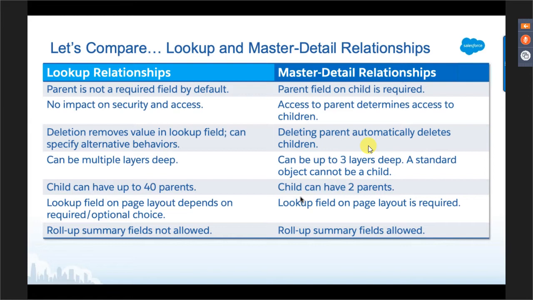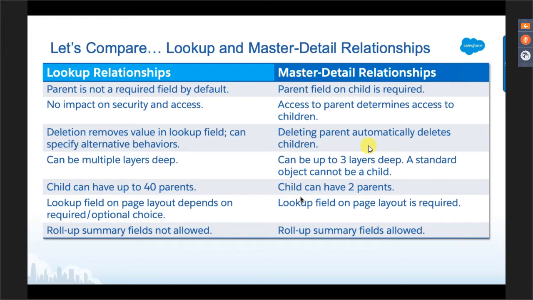So you can roll up these 3 objects, and these are standard objects. Salesforce has the roll-up summary field available, even though they are not master detail relationships. So again, 3 objects: the account, the opportunity, and the opportunity product may be used to roll up information.